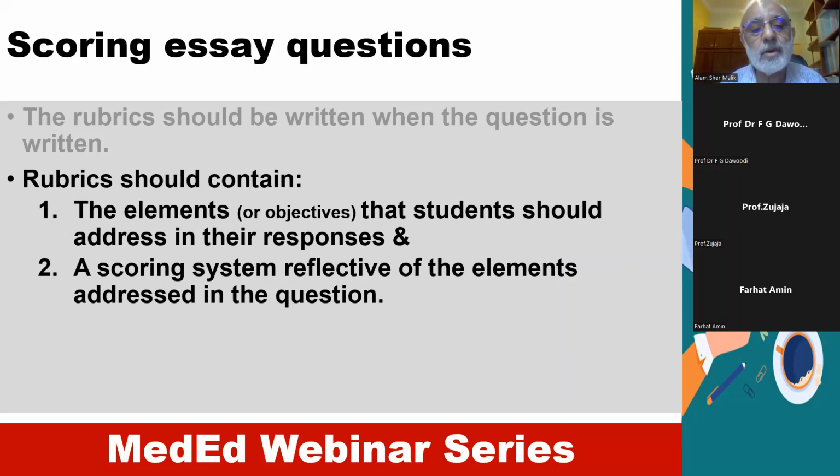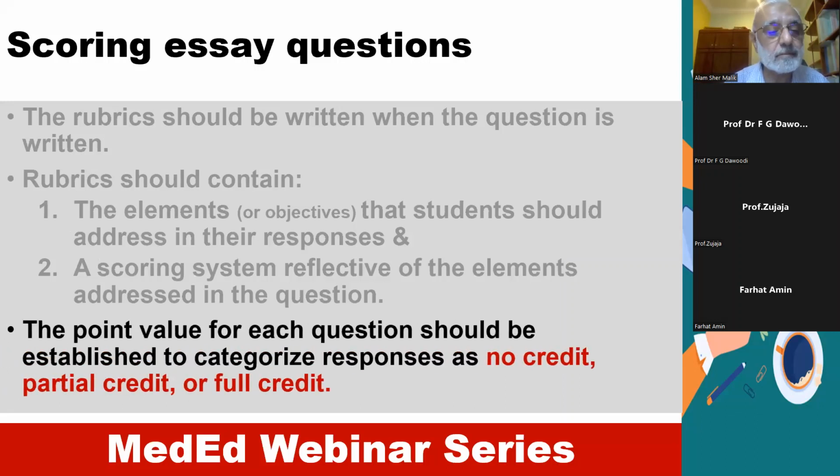This can also point out the marks for different categories and the situations where no mark should be given. The point value for each question should be established to categorize responses as no credit, partial credit, or full credit.